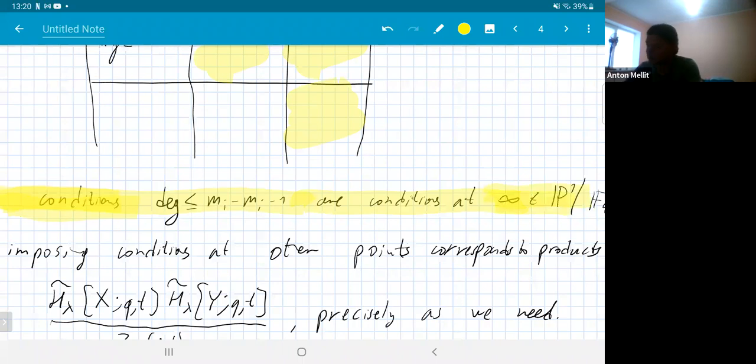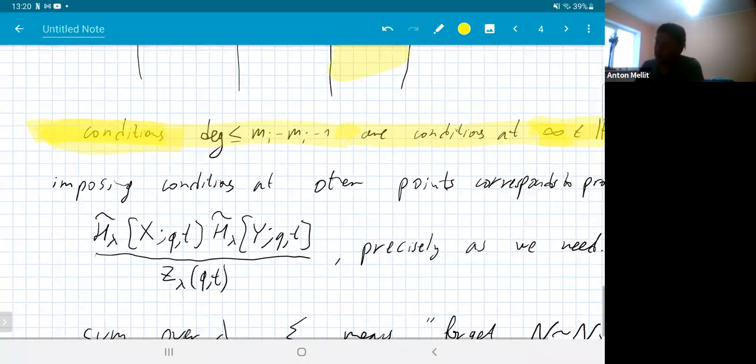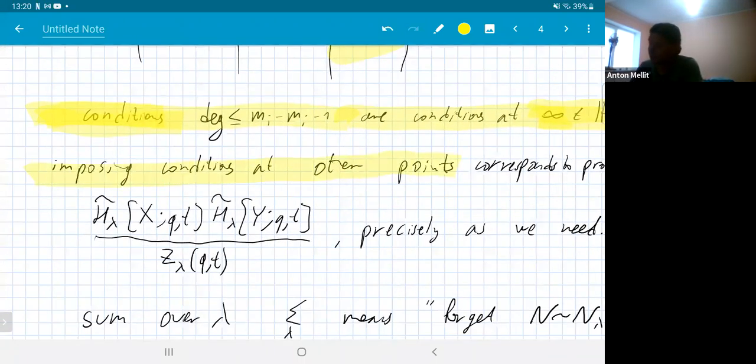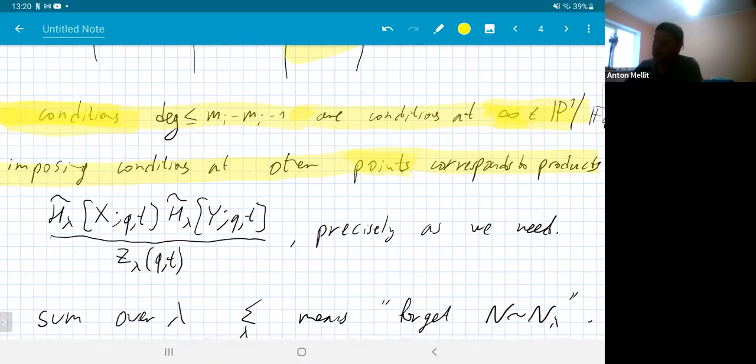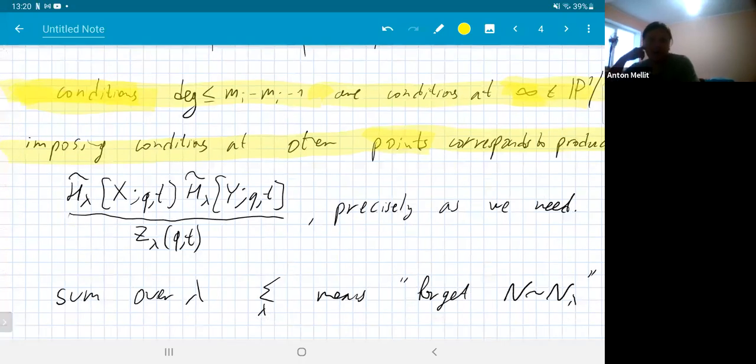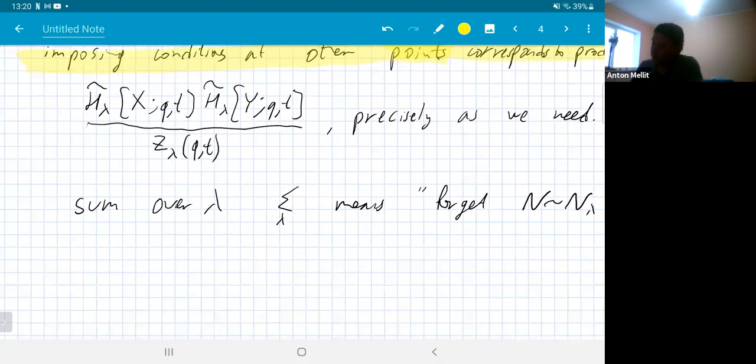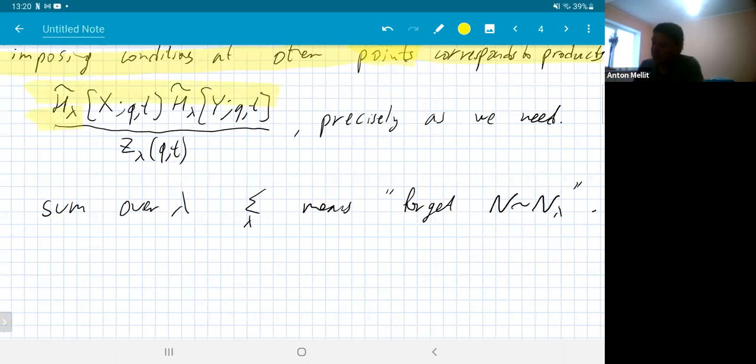So these are conditions at infinity. Instead, you can also impose conditions at other points of P1. If you impose conditions at those other points, you can also choose a flag there, and this kind of summation will correspond to a product of Macdonald polynomials with some rational factor.